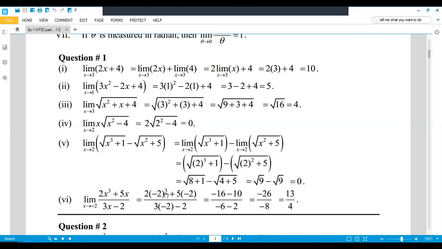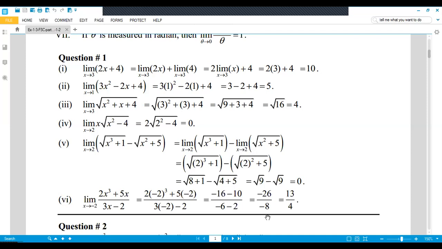So minus 2 cube is minus 8. You know that if you have a negative number with an odd power, it will come out negative. So negative 8 multiplied by 2, 8 2s are 16, minus 16 and minus 10. And here 3 2s are 6, minus 6 and minus 2. So minus 16 minus 10 is minus 26, divided by minus 8.